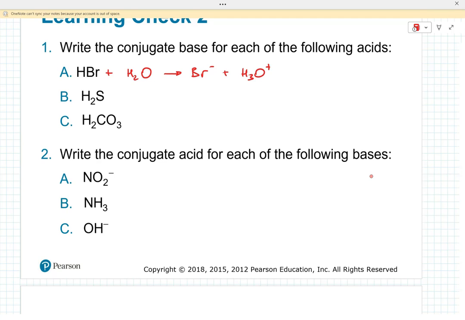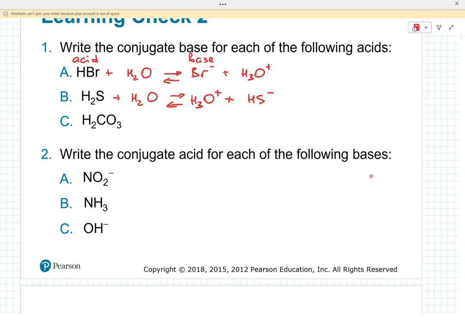Gives it away, right? So this is acid. What is the conjugate base then? And for H2S, HS minus, hydrosulfide anion.